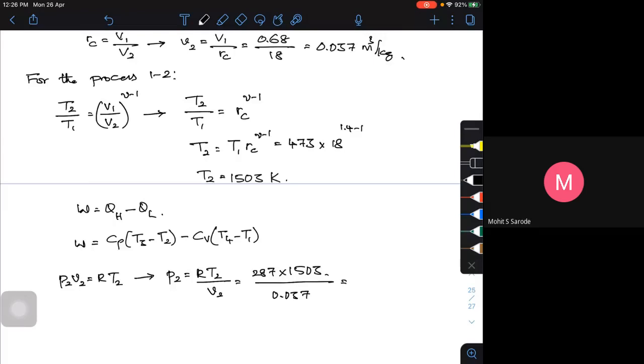If I do, I am getting around 116.58 bar. This is the P2 that I am getting.